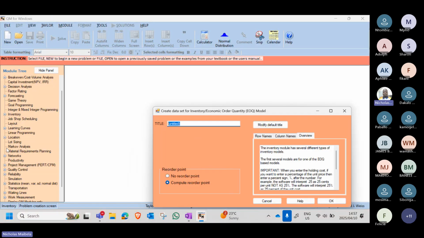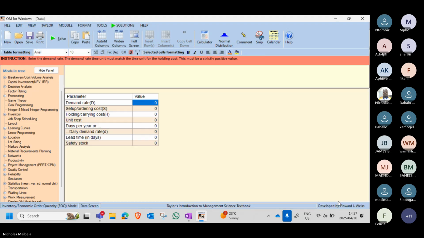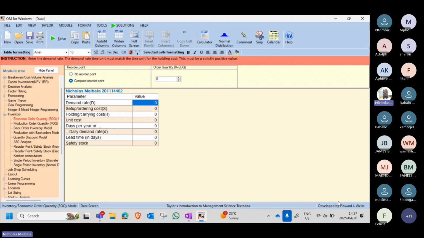Title, this is where you write your name. Then that's your table there. My economic quantity is 0, so I want to look for it first.